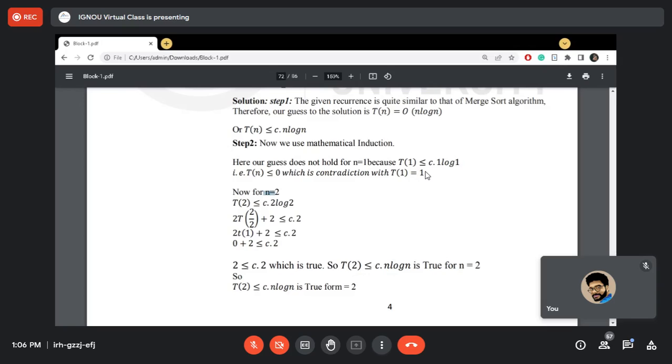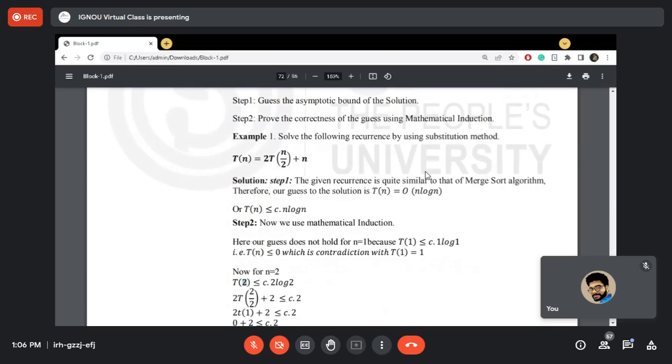Now for n equal to 2, we have to put n equal to 2 here, here, and here. So when T(2) is here, that means we have to put 2 here.